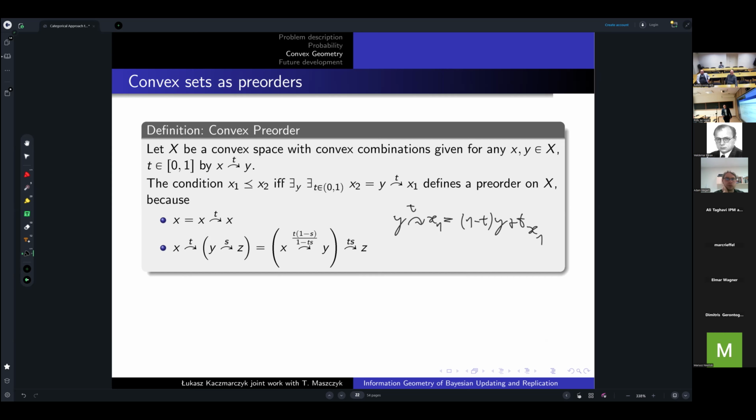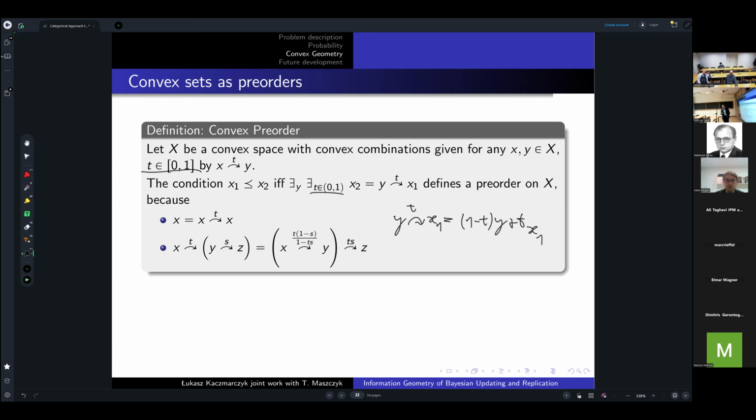Sorry, I have a question. So this T should belong to the open interval or to the closed interval? It says closed, in the definition of this operation. Closed in the definition of the operation, but open in the definition of the relation. Because, for example, if you take just a 0-1 interval, you want each point in this interval to be bigger than both 0 and 1, but you don't really want 1 to be bigger than anything and 0 not to be bigger than anything.